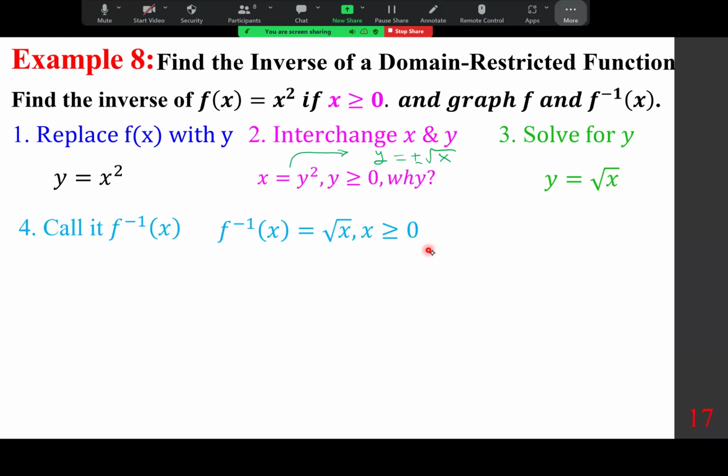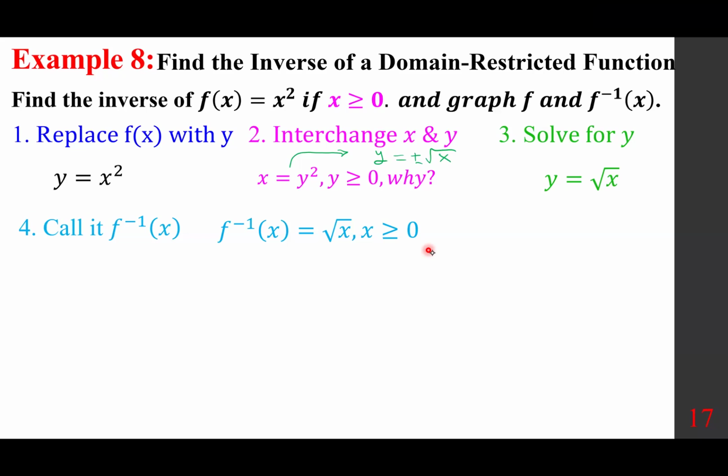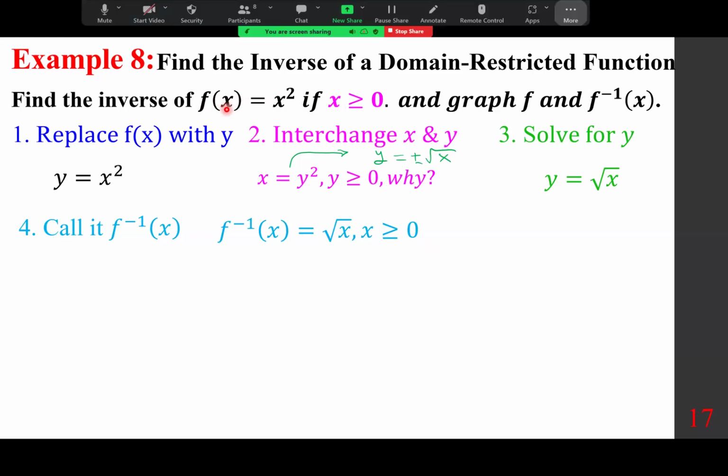So just right here, if you want to discuss the domain and range, the domain for f, x is larger than or equal to 0. The range for that, because this is the domain of f inverse, is the range of this one, y is greater than or equal to 0. Okay, and you can have the domain and range for both of them as a result.